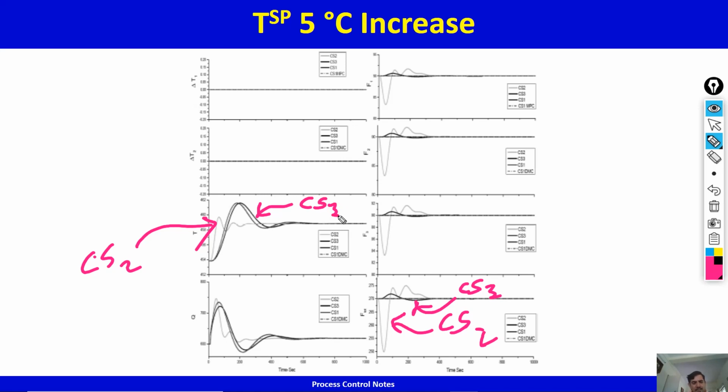On the other hand, CS1 and CS1-DMC give perfect flow control. Temperature control is about the same as CS3. Alright, and this is to be expected.